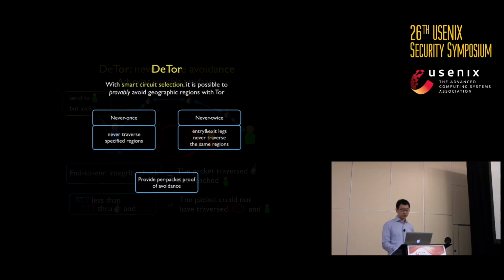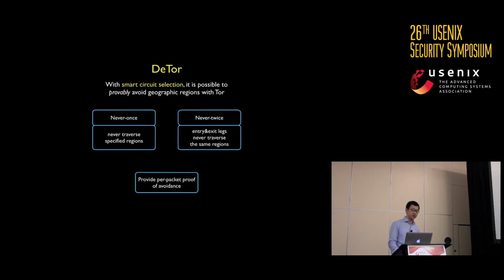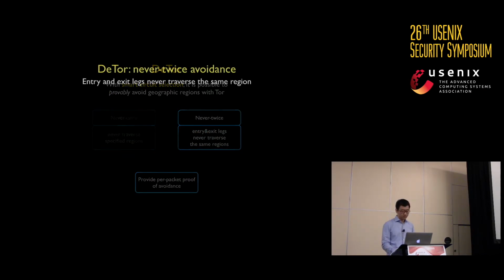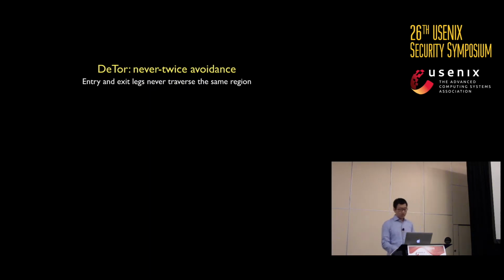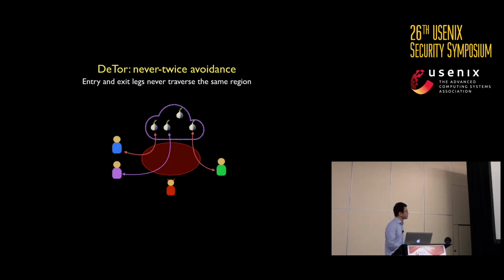Let's see how we obtain never-twice avoidance. Recall that the goal for never-twice is to provide circuits so that the packet over the entry link of such a circuit and the exit link of this circuit will not traverse the same region twice. So it can protect users from traffic correlation attacks.